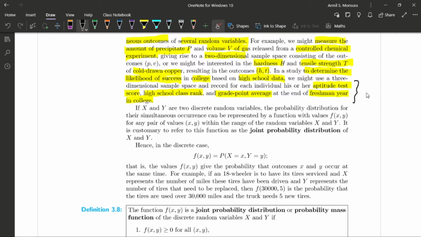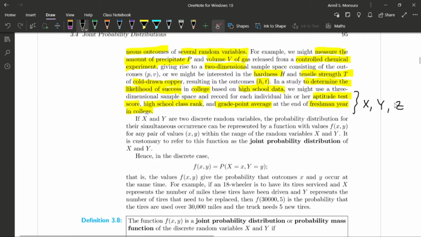Okay, X, Y, and Z. X represents the aptitude test score. Y represents high school class rank, and Z represents grade point average at the end of the freshman year in college.